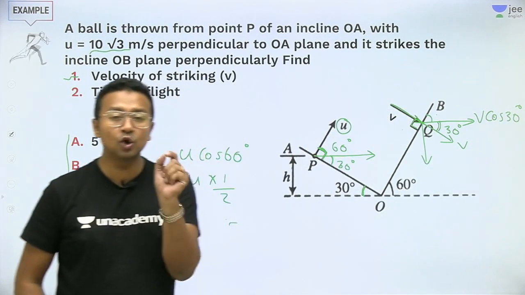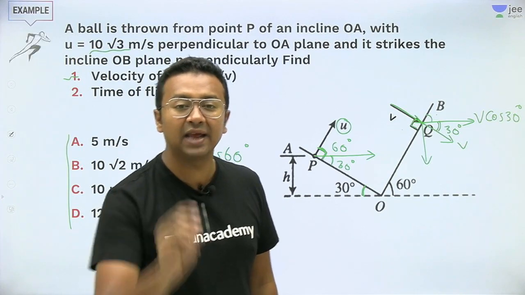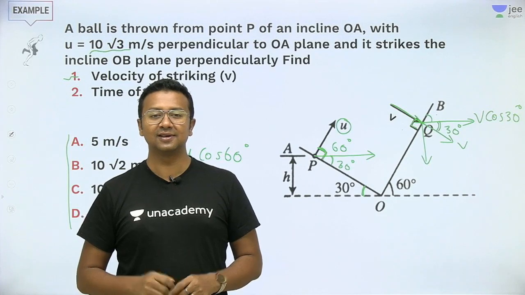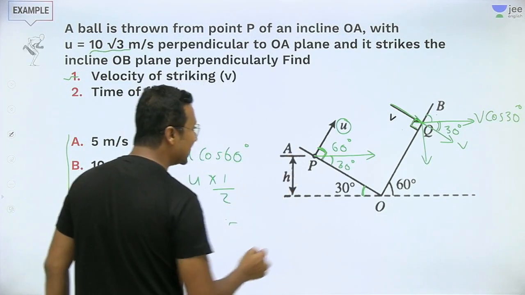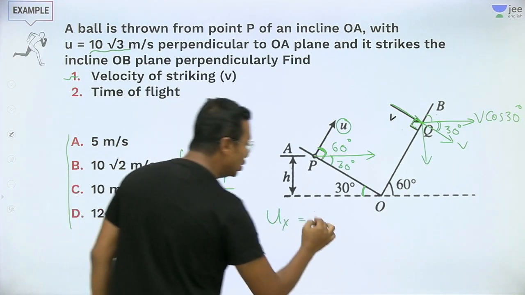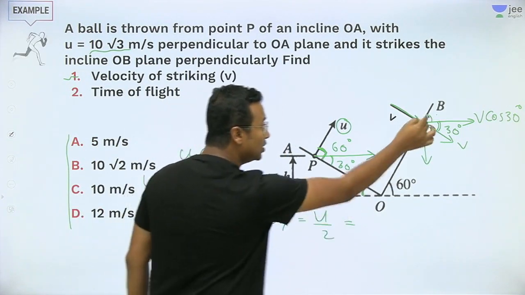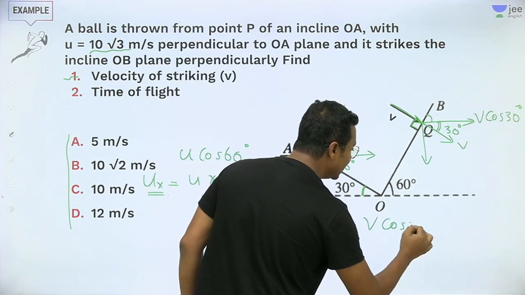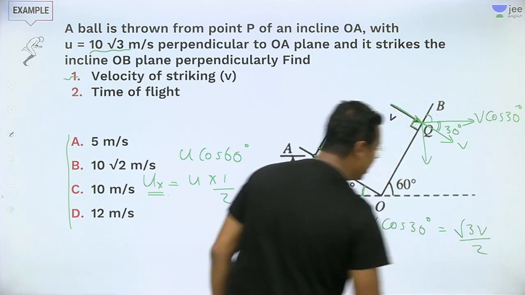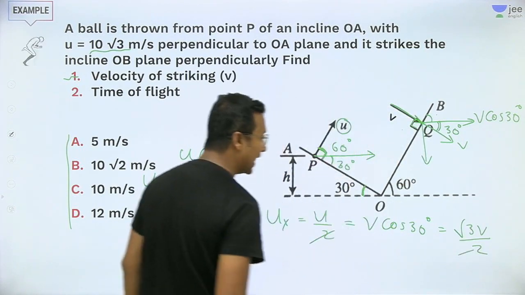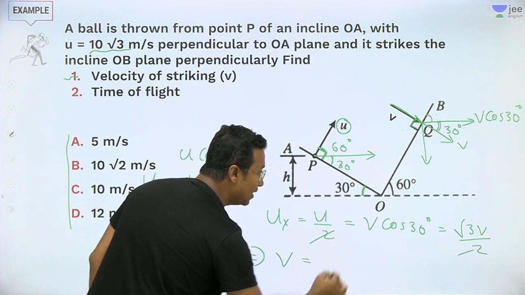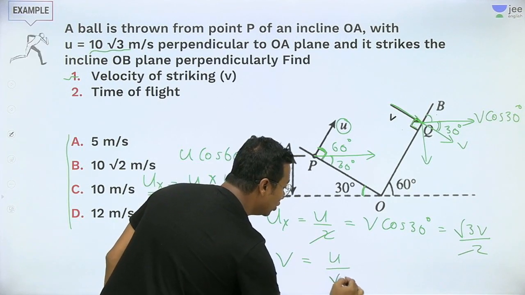Now if the horizontal component of the velocity does not change, remember this particular point, then students, can I say that my ux, which is equal to u divided by 2, will be equal to v cos 30 degrees, which can be written as root 3 v divided by 2. 2 and 2 will cancel, which implies the velocity of landing will be equal to u divided by root 3.